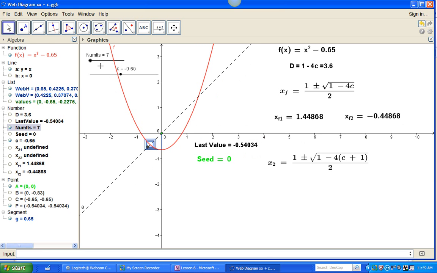As the number of iterations increases, see how that value goes to negative 0.54 and just keeps on jumping around, but eventually homes in on negative 0.44868 approximately. It took 100 and something iterations to get it to 4 decimal place accuracy. So it's converging, but slowly.